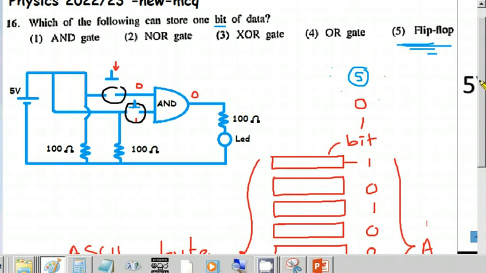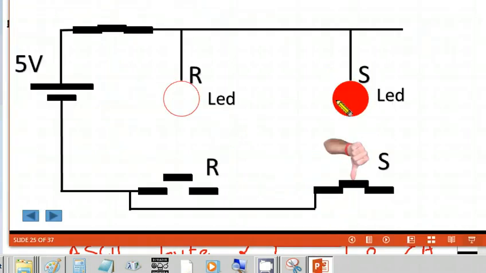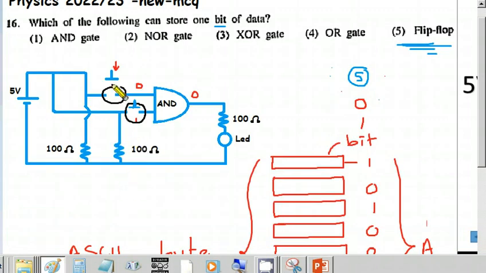So it is a memory. It can store data, because the state doesn't change until you stop supplying the current. But regarding AND gates, even though you supplied current to the circuit, the current supply is not this one. These are the signal terminals. You have to use additional wires to supply current here. These are the current wires.